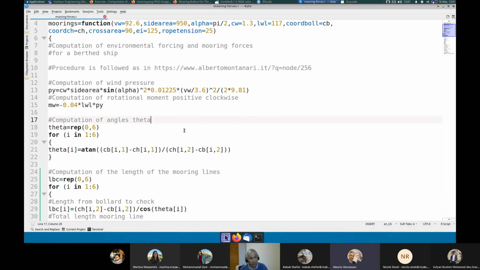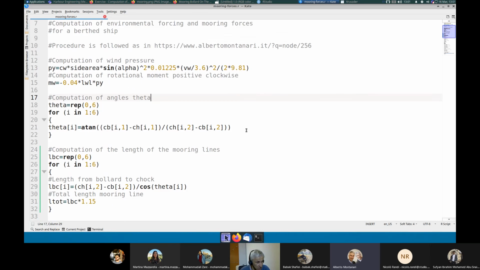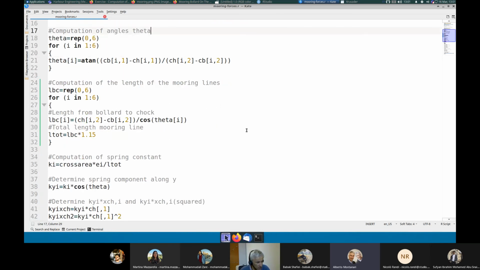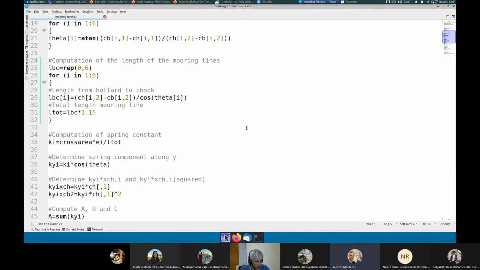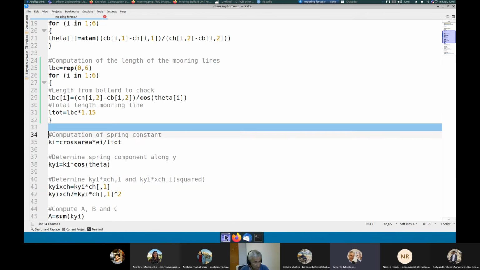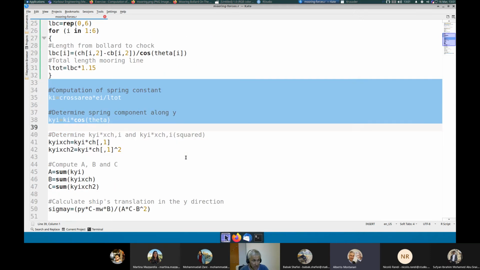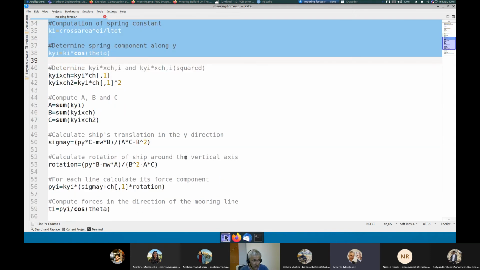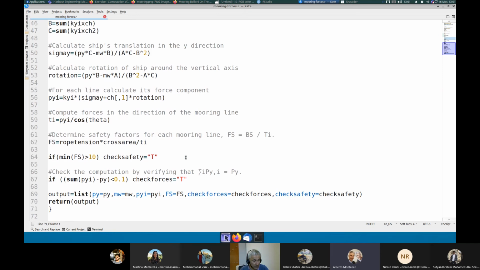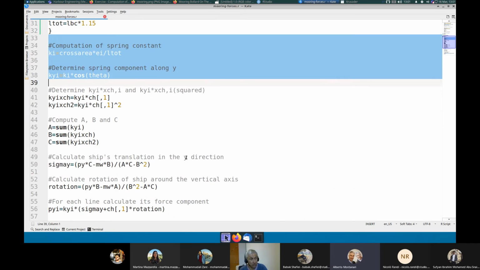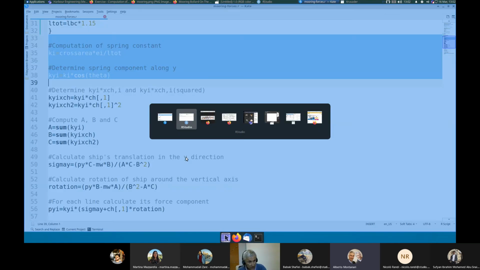And before I move forward with the computation of the mooring forces, let me see. This part that I am selecting, in order to understand what's going on, it's quite short because you see that it's not long. Now, in order to understand what's going on, let's go back to the web page of the exercise.